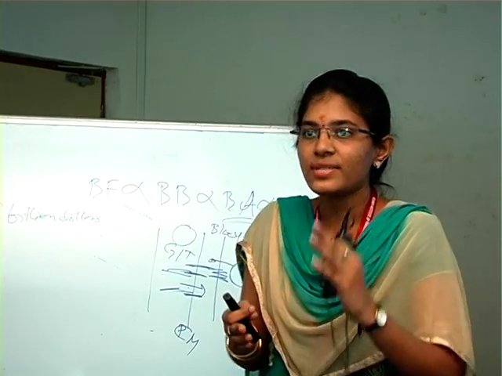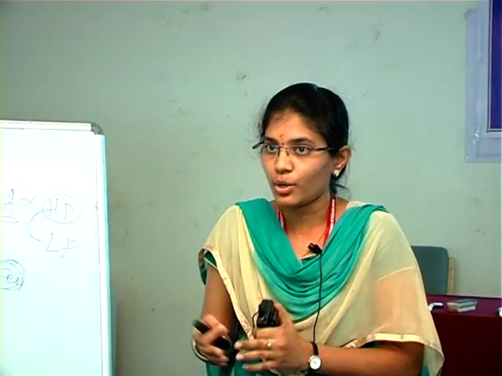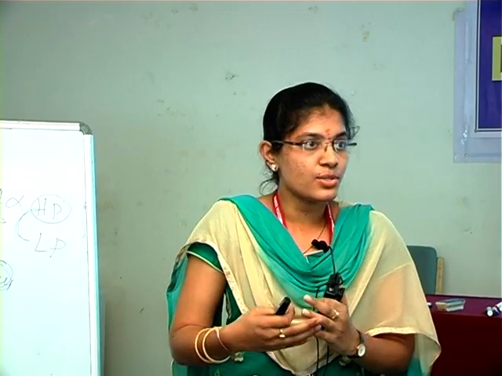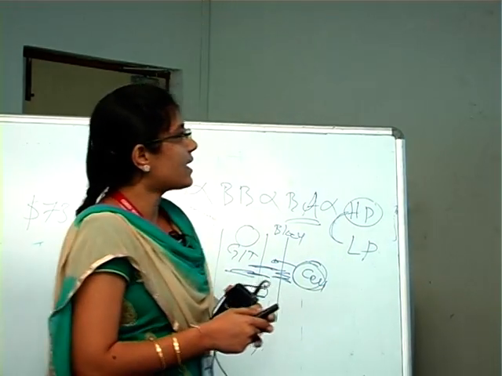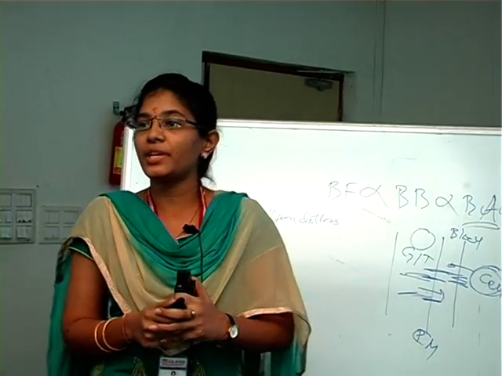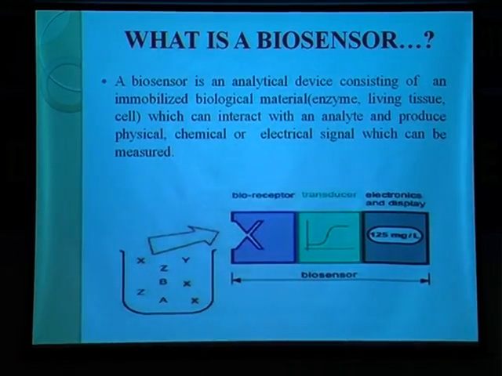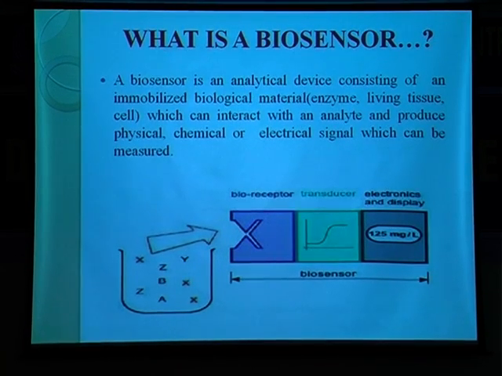That means a biosensor is an analytical device which contains immobilized biological material, made up of a biological origin, so that's why it is called a biosensor. The definition is: an analytical device consisting of an immobilized biological material which can interact with an analyte and produce physical, chemical or biological signals which can be measured.